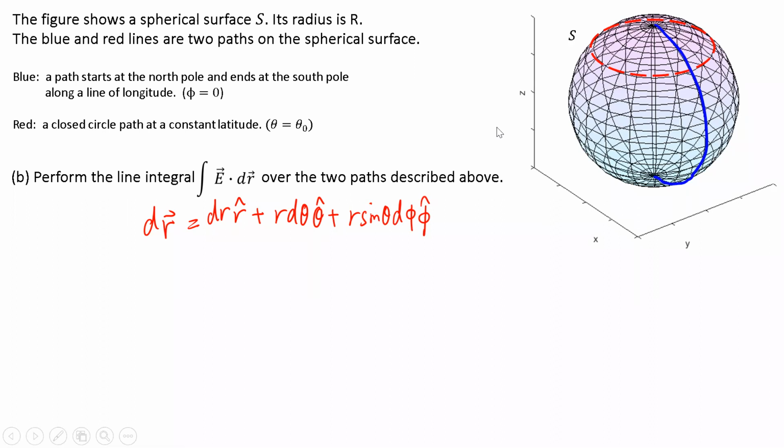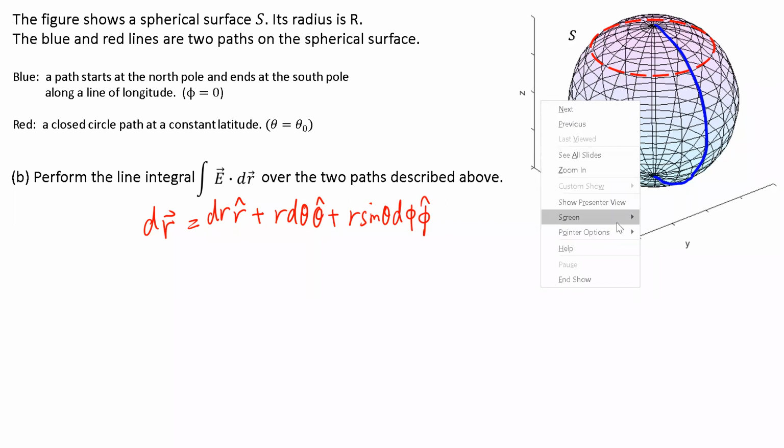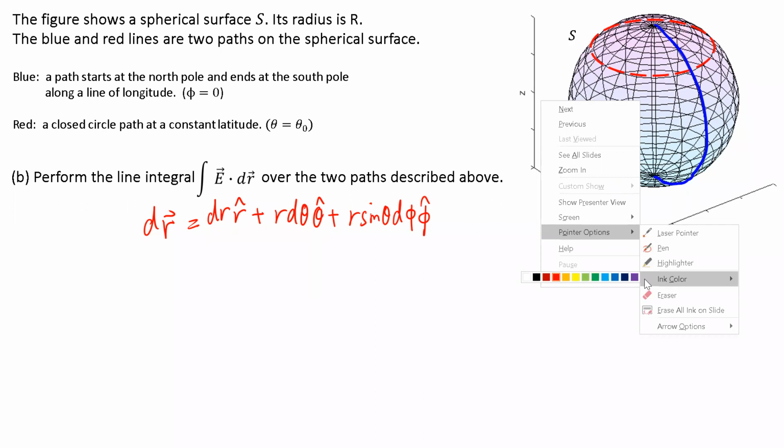So now if I'm walking along this red path, which coordinate is changing? It's the phi. And this time the r and the theta coordinates are fixed.